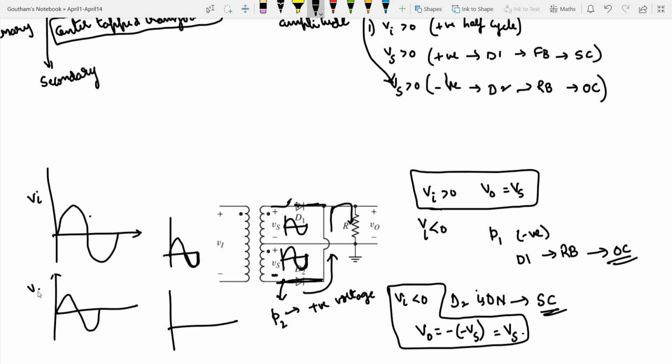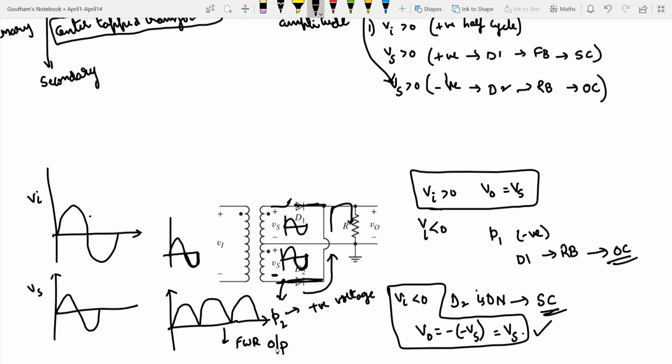When Vi is greater than 0, V naught is equal to Vs. And even when Vi is less than 0, V naught is a positive value. And what is that positive value? That positive value is nothing but equal to Vs. So this goes on. This is nothing but a full wave rectified output.